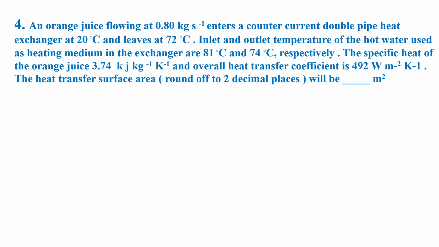So first we'll write what are all the things given. First of all, mass flow rate of the orange juice, that is mc, is 0.8 kg per second. Inlet temperature of the orange juice, that is Tc in, is 20 degrees Celsius. Outlet temperature is 72 degrees Celsius.